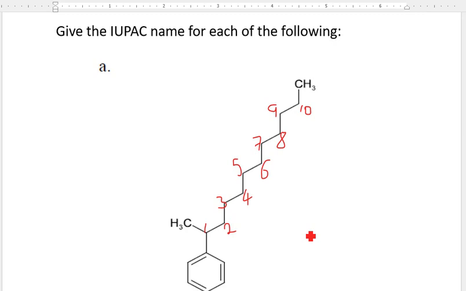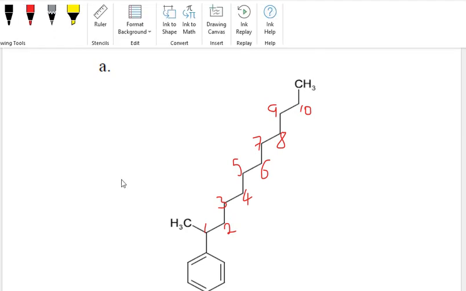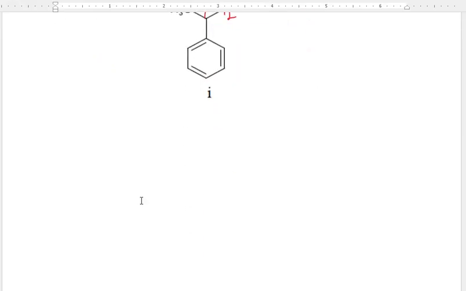So what does that entail? We have the parent name. The parent name for this one will be a decane since we have 10 carbons in there.